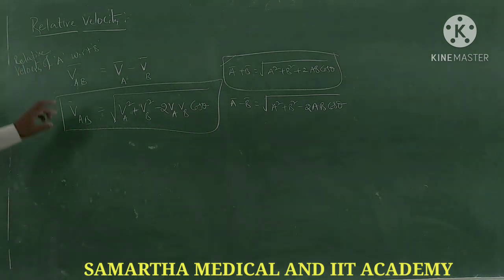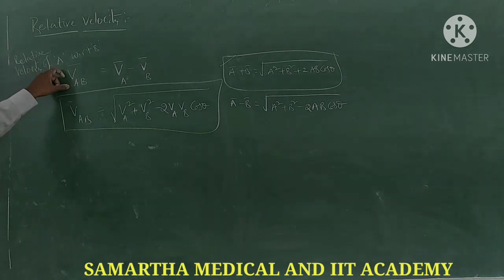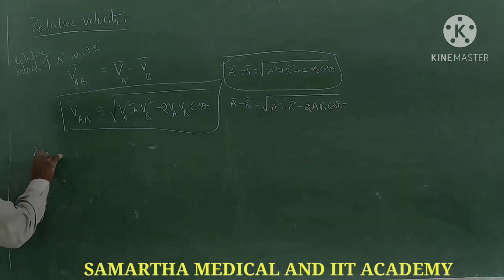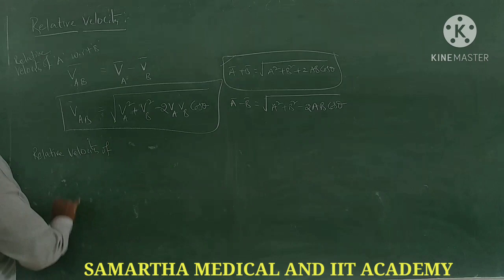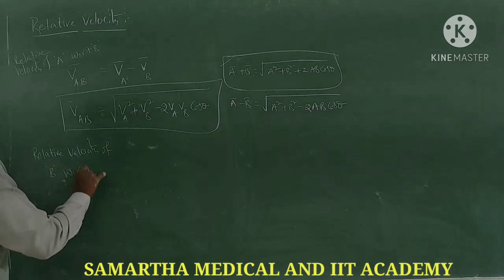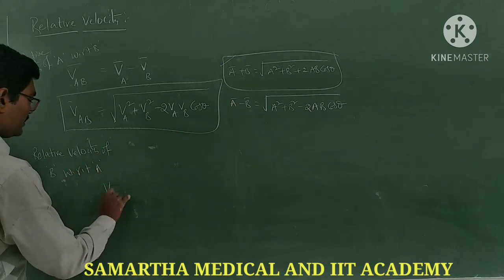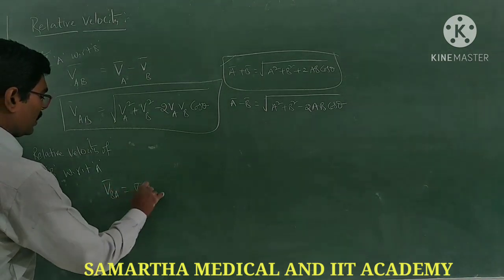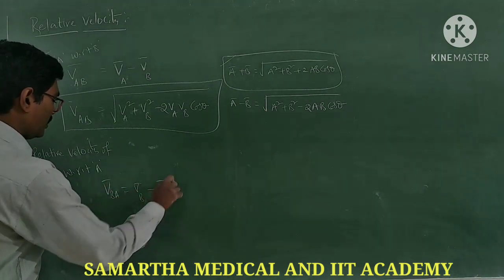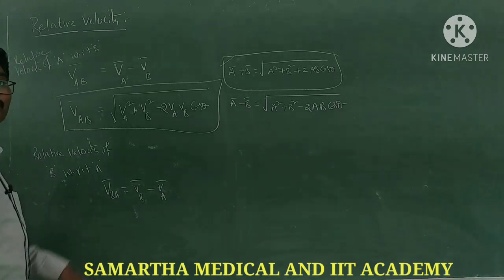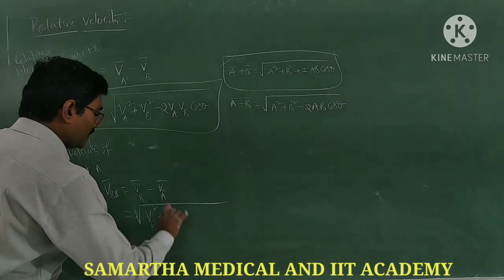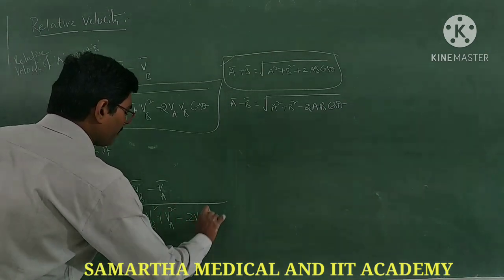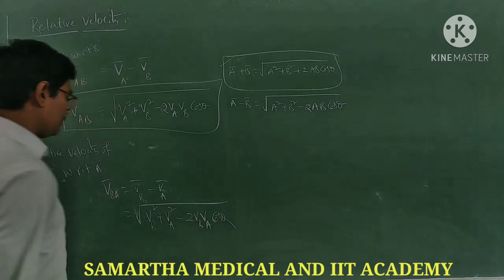Similarly, if they ask the relative velocity of B with respect to A, it is VB minus VA. The relative velocity of B with respect to A is VBA equal to VB bar minus VA bar, which is the square root of VB square plus VA square minus 2 VB VA cos theta.